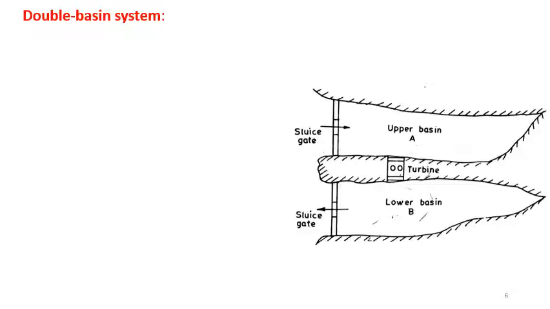At the beginning of the flood tide, the turbines are shut down, and the gates of upper basin A are opened, and those of lower basin B are closed. So initially the turbine is shut, the sluice gate of upper basin is open and the sluice gate of lower basin is closed.